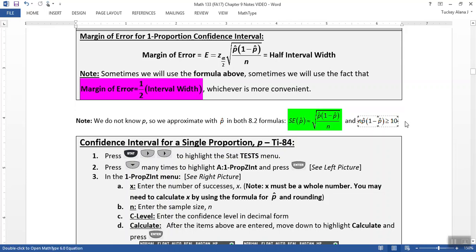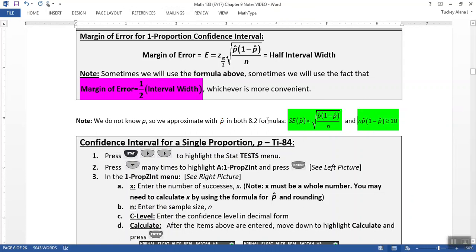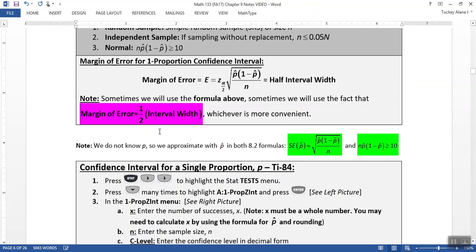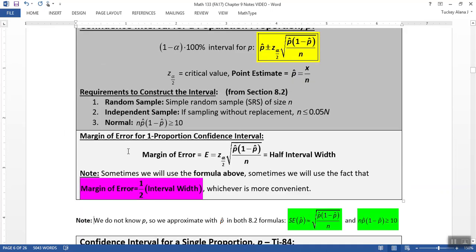We learned that in section 8.2 as well. So just a little note that sometimes you have to use p hat instead of p to be able to find those values. And I just highlighted those. This bit right here from the margin of error down would be very wise to put on your note sheet because they're not given to you in the exam notes packet officially.